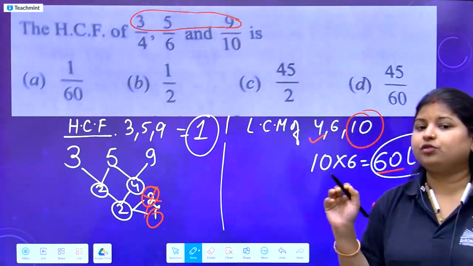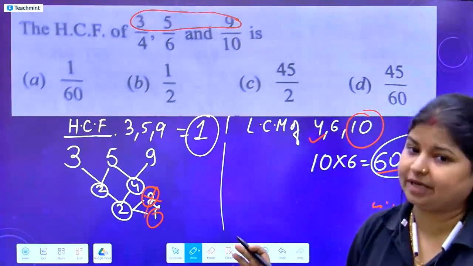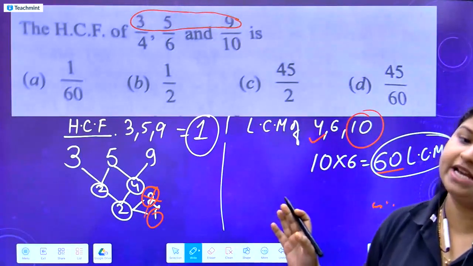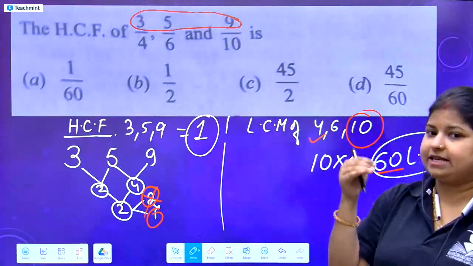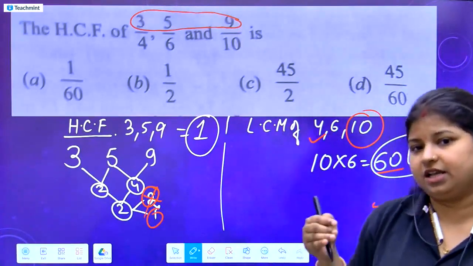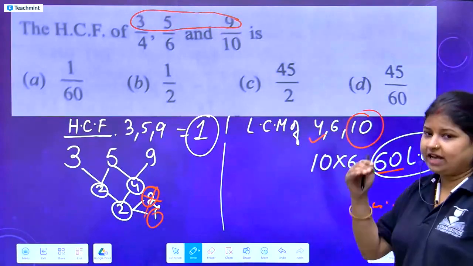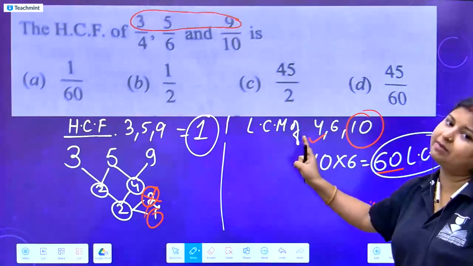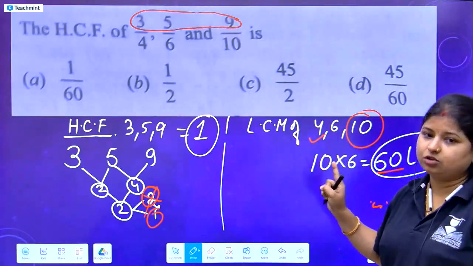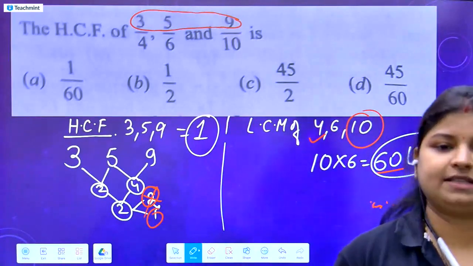So you have to take the multiple of 10 that is divisible by both 4 and 6. 10 1s are 10, 10 2s are 20, 10 3s are 30, 10 4s are 40. When I see the multiples, I know that 60 is divisible by both 4 and 6. So that's why 60 will be my LCM.